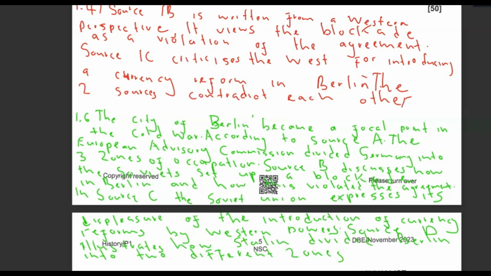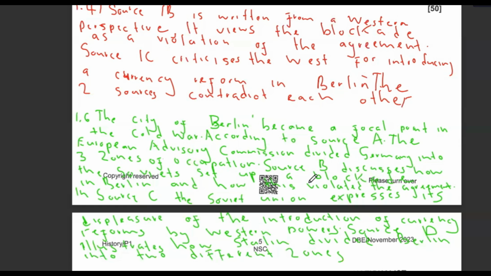So if you look at our paragraph, it's made up of roughly 8 lines. The first statement is that the city of Berlin became a focal point in the Cold War. According to source A, the European Advisory Commission divided Germany into 3 zones of occupation. Then source B discusses how the Soviets set up a blockade in Berlin.